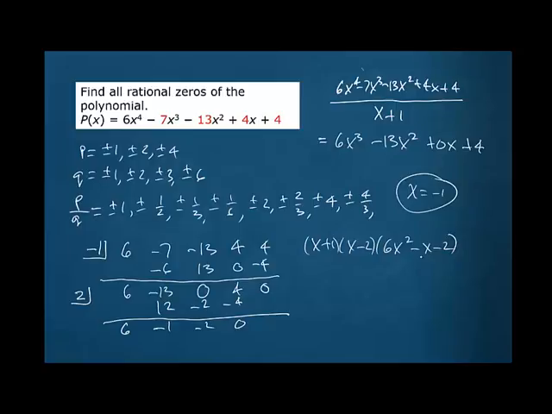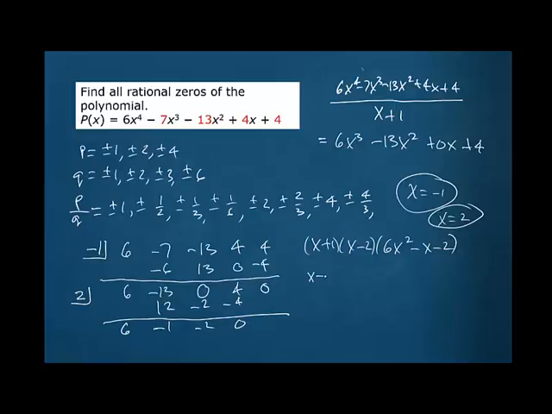So now we've found two of the roots, x equals -1 and x equals +2. What we have left is a quadratic, and we can find those roots either by factoring, if it will factor nicely, or by completing the square, or by using the quadratic formula. Let's just use the quadratic formula to see how that's going to work.